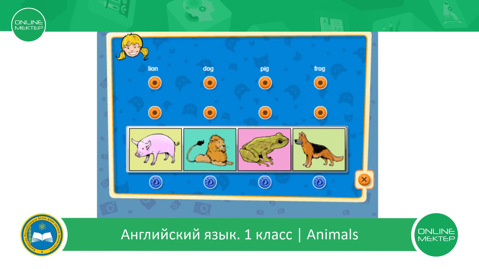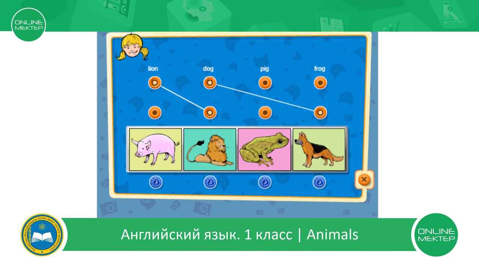Соедини слова с картинкой. Number 1. Lion. Can you see a picture of a lion? Well done. Next one. Dog. Where's the dog? Fantastic.